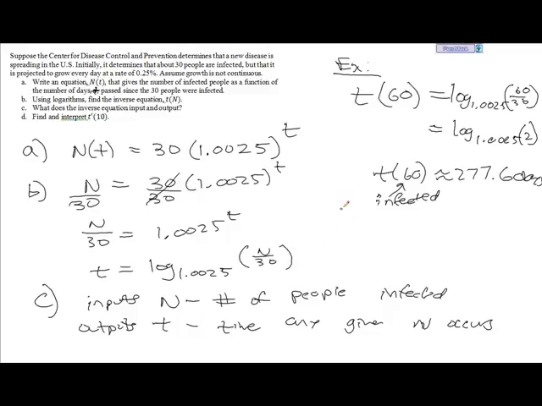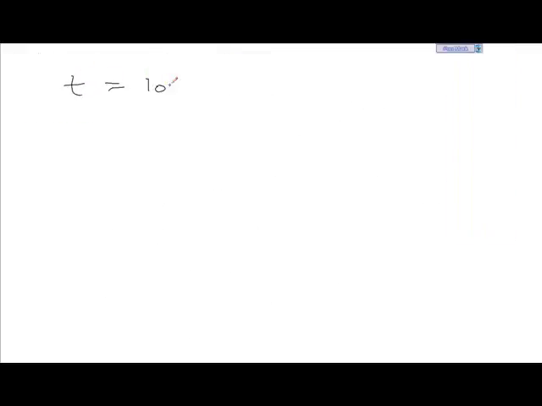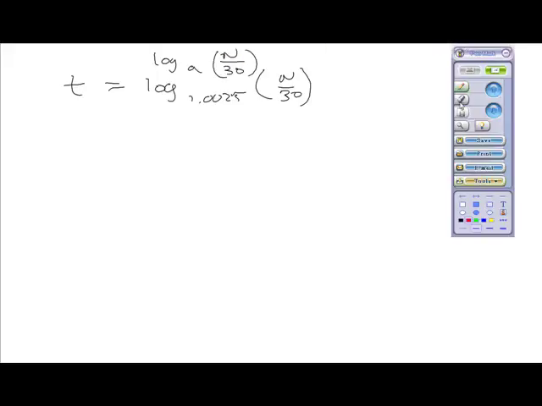And so now we really wanted to find t prime of 10. So t prime is what we need to find first, and t prime of n would be, well, here's our function. So in order to do this, we need to identify what kind of formula to use. I'm going to jump over to the next page here. So t is log base 1.0025 of n over 30. Well, this has the form log base b of u.